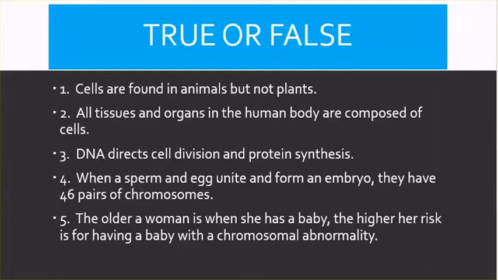True or false? Number 1, cells are found in animals but not in plants. Number 2, all tissues and organs in the human body are composed of cells. Number 3, DNA directs cell division and protein synthesis.